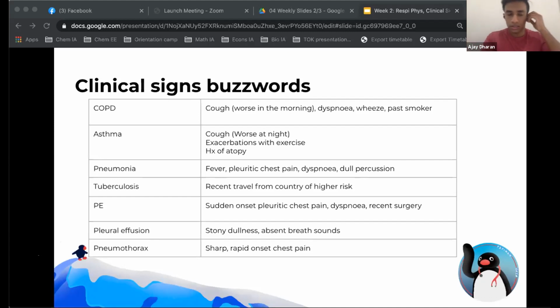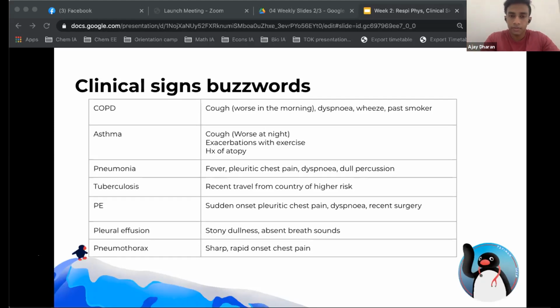So for COPD, we went through that earlier. Basically, you have a cough, and it's worse in the morning. Why is it worse in the morning? There are a few factors. Usually you're resting throughout the night, and you start exerting yourself again in the morning, so it's worse on exertion.